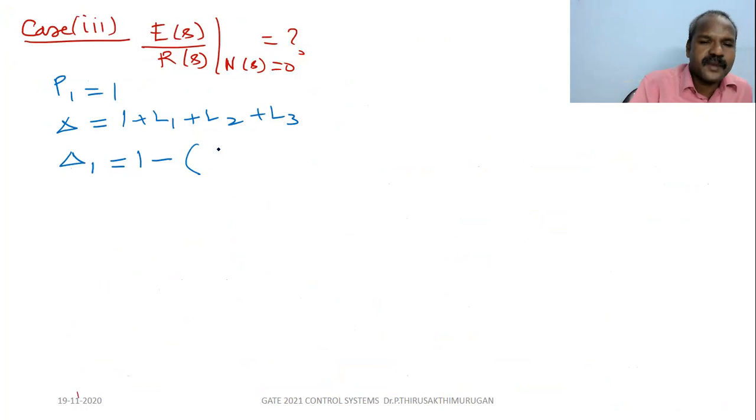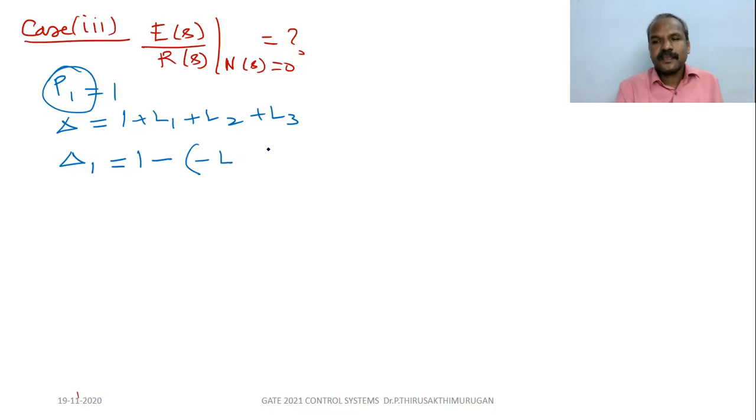So delta 1 is 1 minus the loop gain which is not touching the forward path P1. What is P1? E to R to E, right? Which is nothing but L1.